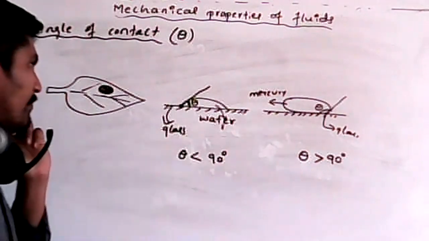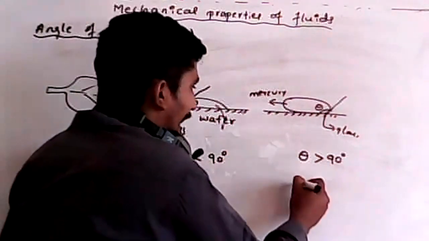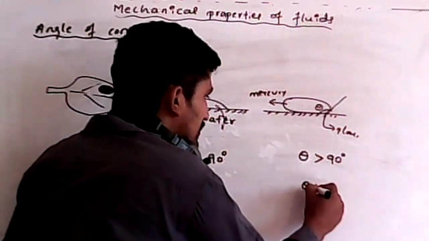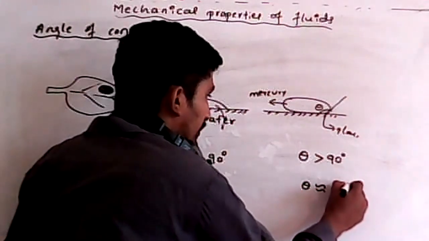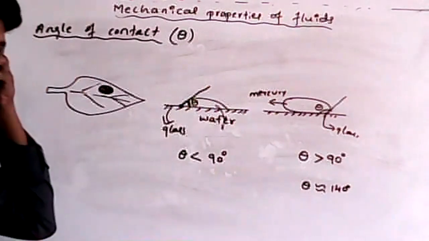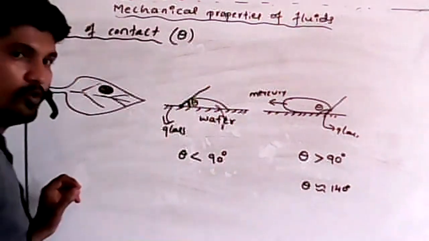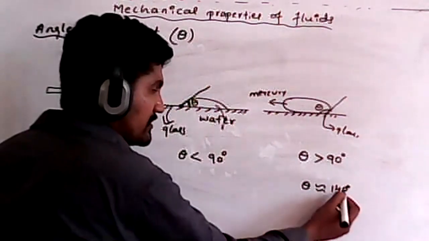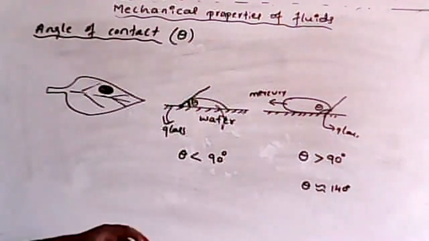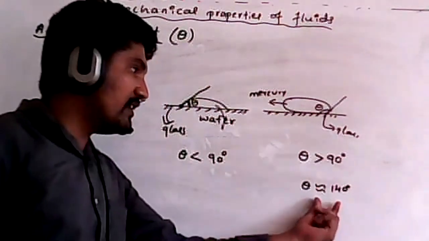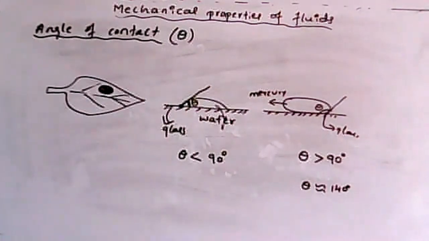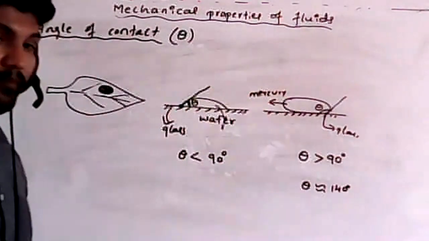But remember, for mercury the angle of contact is nearly equal to 140 degree. How much? Nearly equal to 140, greater than 90 degree, for mercury I am telling.